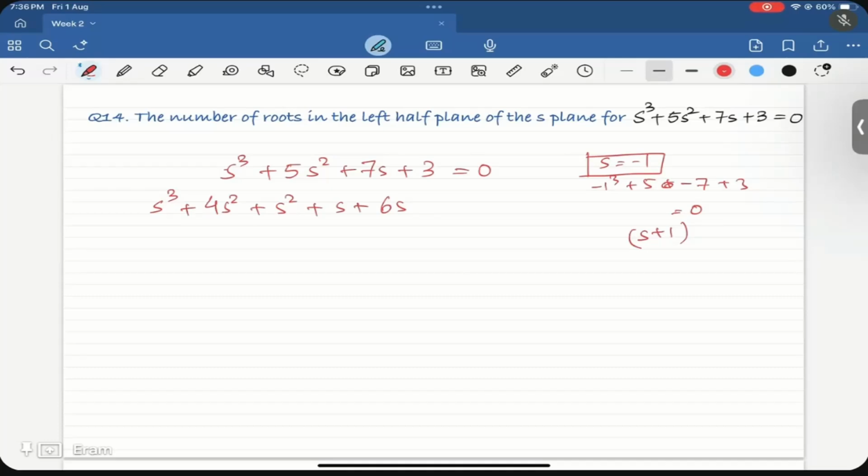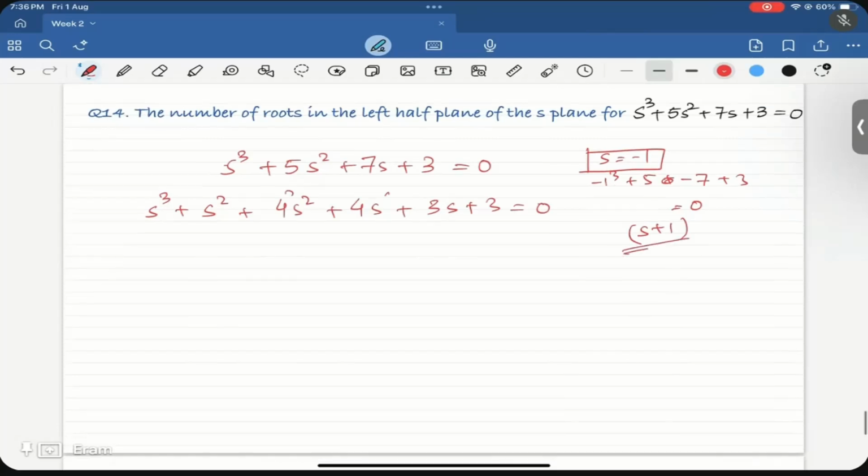This 7s, okay, sorry. So it is s cube plus s square plus 4s square plus 4s plus 3s plus 3 equals to 0.